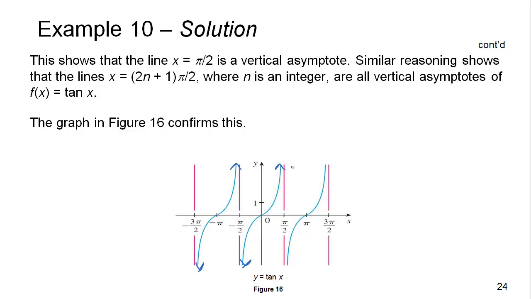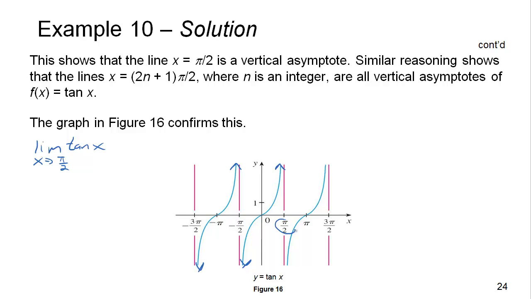Now, while we have this picture up here, this will remind us of before, when we looked at the limit as a function approaches a certain thing, and we got infinity and negative infinity. What would happen if we said, what's the limit as x approaches pi over 2 of tangent of x?